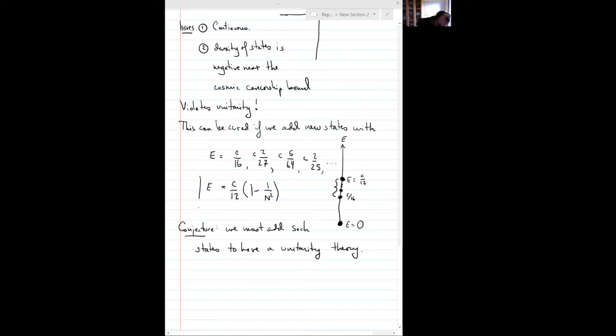And it appears that one needs to add an infinite number of them. Notice that these are all lighter than the lightest black hole in the theory, which had energy c/12.